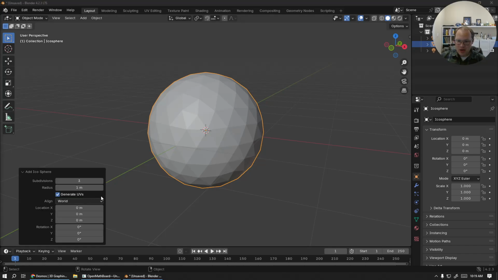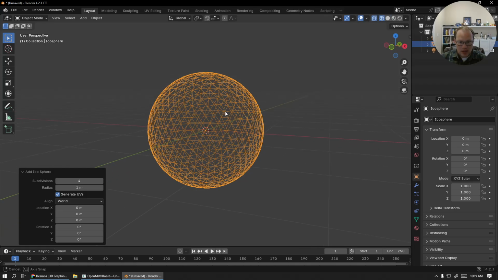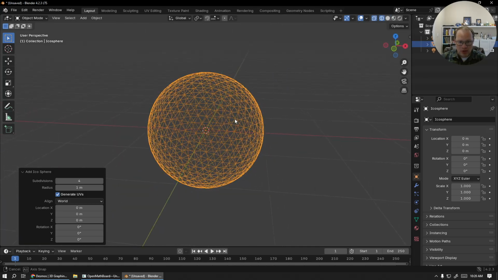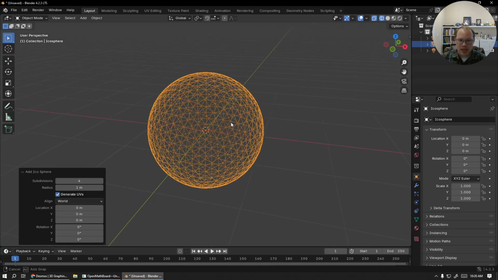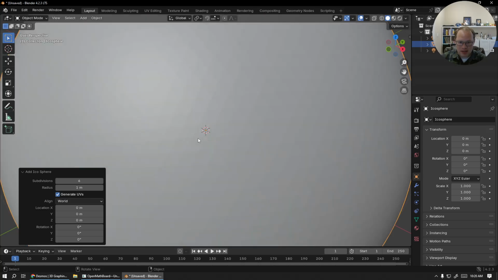And as I increase the number of planes, you can still see all those little triangles. It might help if I'm in wireframe mode, so it looks a little busy. This sphere is just made up of a bunch of triangles, and those triangles are just segments of planes. But as I increase the number of planes, I get a better and better approximation to a sphere, until you can barely tell that it's not really a sphere at all.